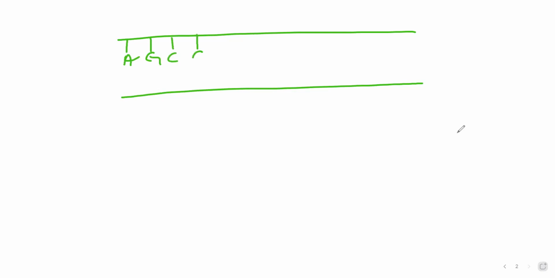For example, these are the two strands of DNA, right? Let's suppose there is a sequence on one strand: A, G, C, C, A. It could be different, I'm just writing randomly. A, T, T, C, C, G, right?